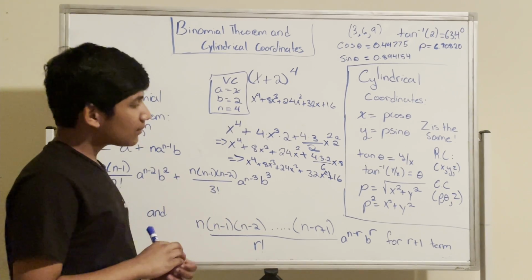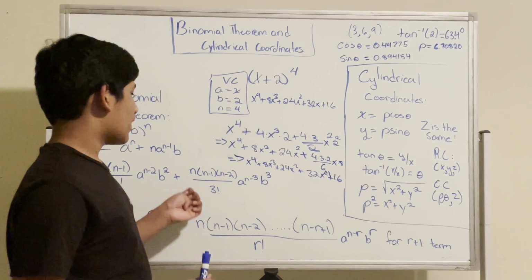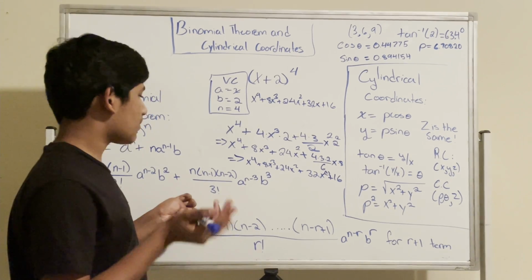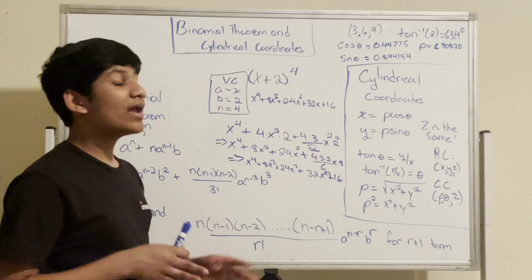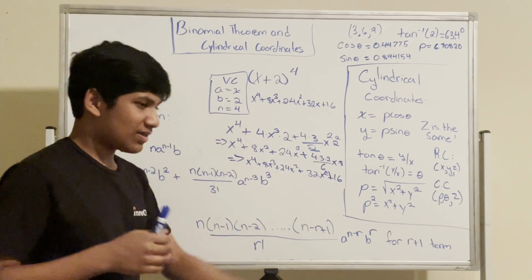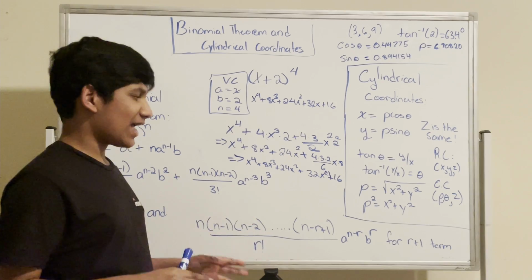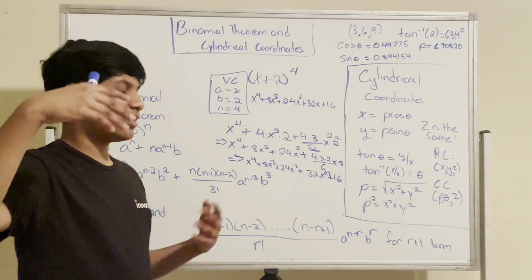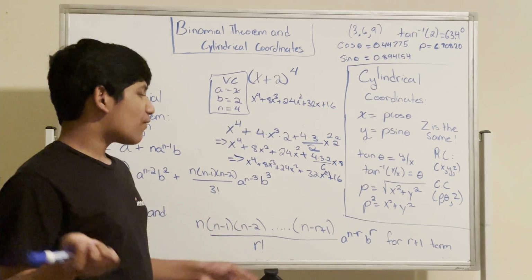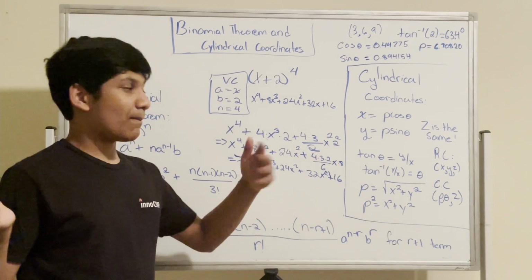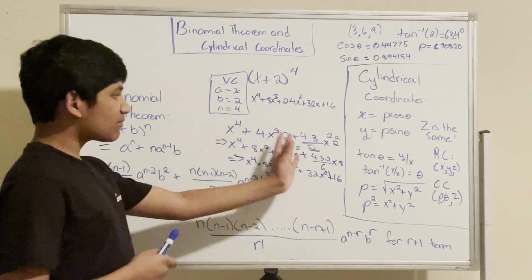And we keep going pretty much all the way. So we got 4 minus 1, 4 minus 2. We keep going all the way until we find the pattern where, in the previous term, we have just an x variable with no arbitrary power other than 1. And therefore, the next term is just b raised to the power of n. So that's a specific pattern we see over here.